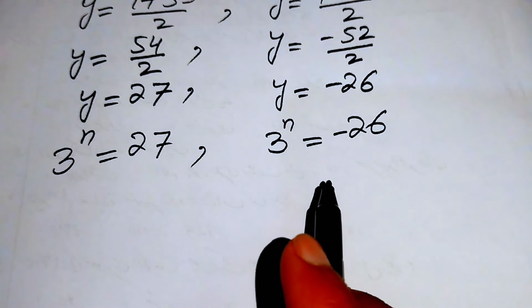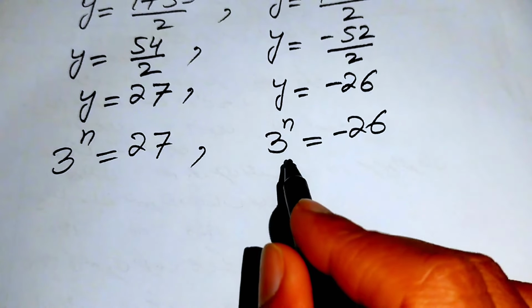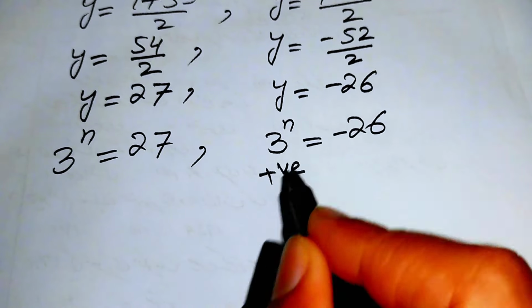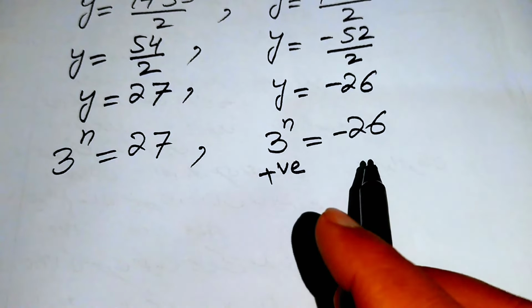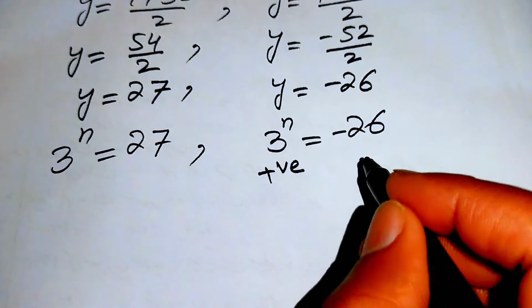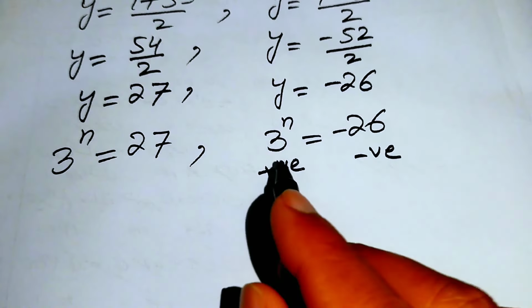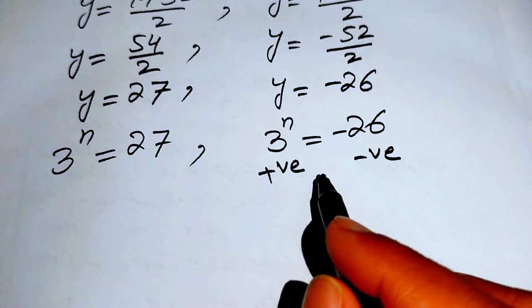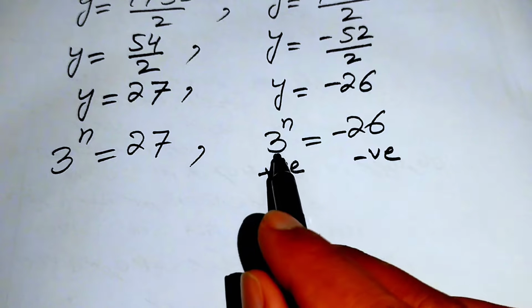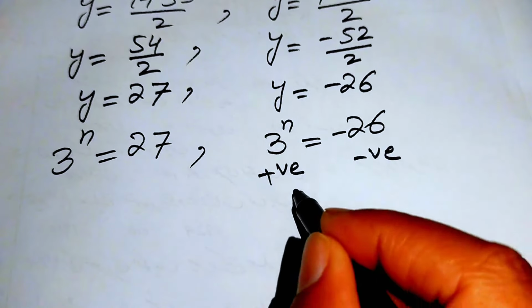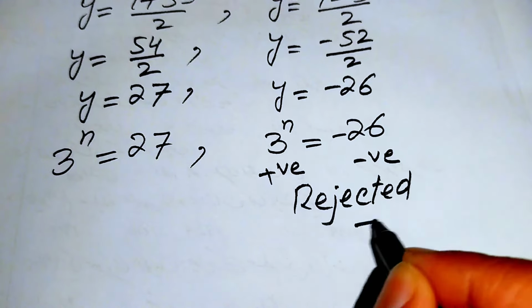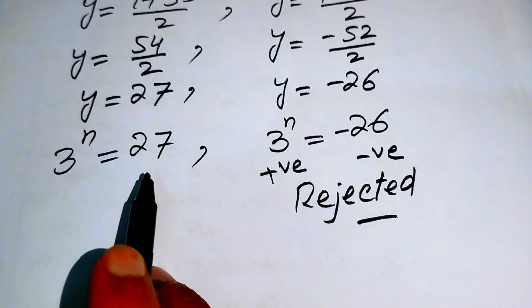In the left hand side we have an exponential function, which always gives us a positive value, but in the right hand side we have a negative value. It is not possible for an exponential function to equal a negative value, so we reject this case and proceed with the first case only.